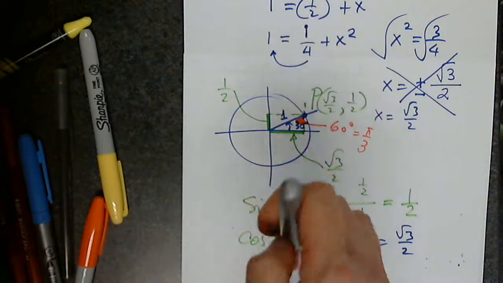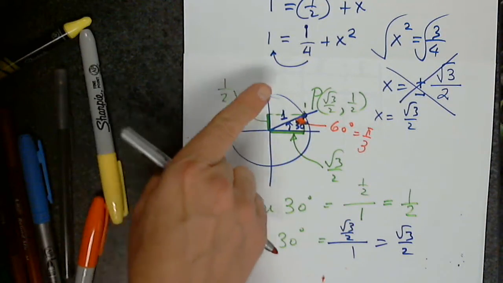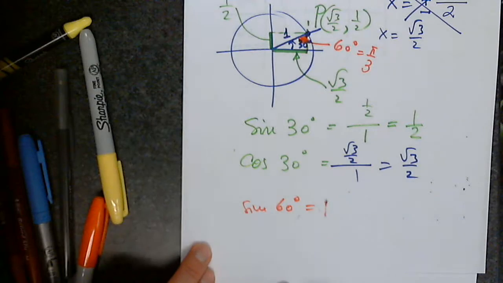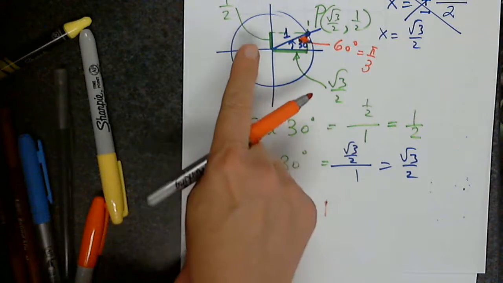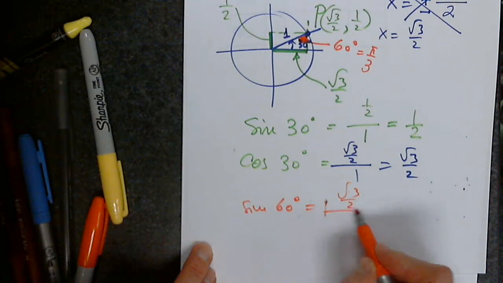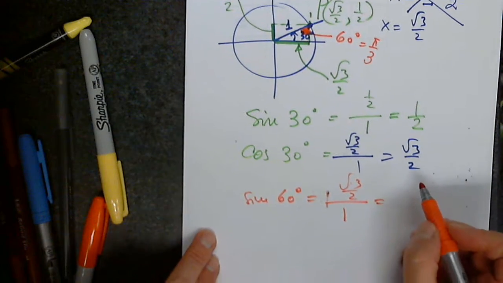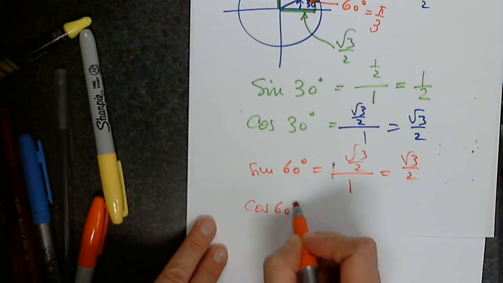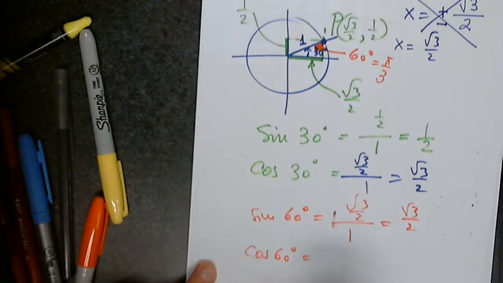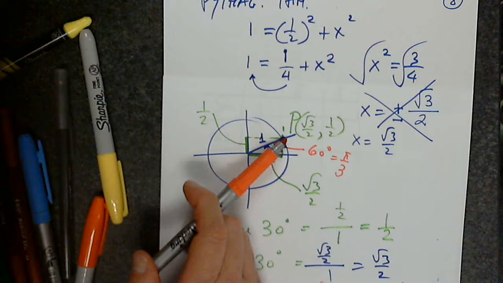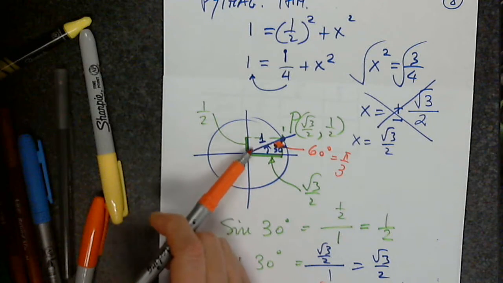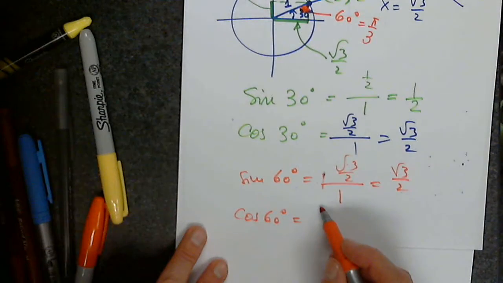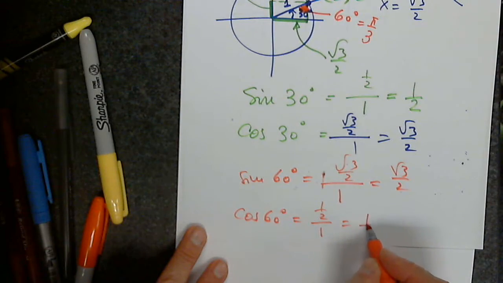It's the opposite over the hypotenuse. So I can already write that sine 60 degrees is the square root of 3 over 2 over 1. So the answer is, good. Can anyone give us cosine 60 degrees? Cosine of this angle is the adjacent over the hypotenuse. So for the red angle, adjacent over the hypotenuse. So 1/2 over 1, which is 1/2.